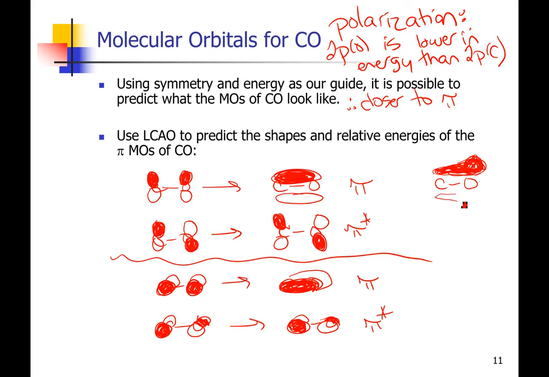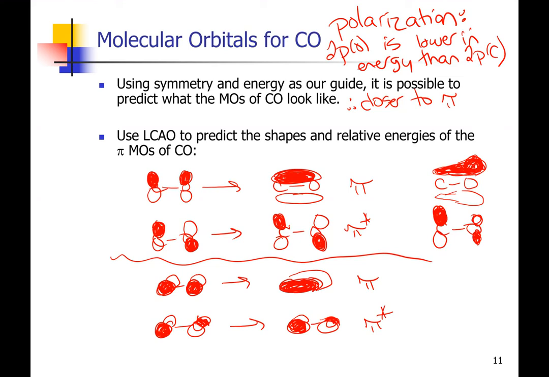And so this is me attempting to draw a pi orbital that is bigger on the oxygen because it's polarized toward the oxygen, because pi is closer in energy to the 2p on O than it is to the 2p on carbon. On the other hand, the anti-bonding, the pi star, is closer in energy to the carbon, so it's going to be bigger, polarized toward the carbon, and we might get a picture that kind of looks like this.